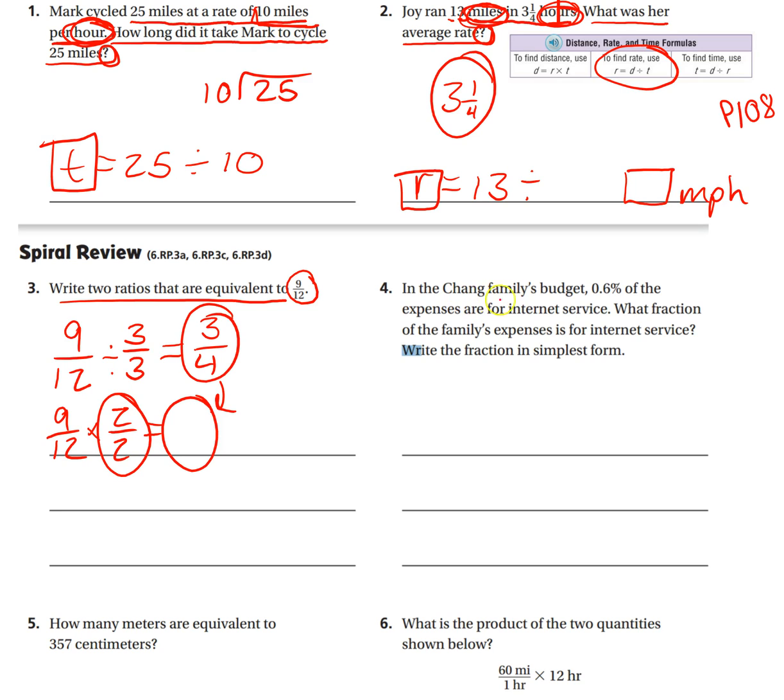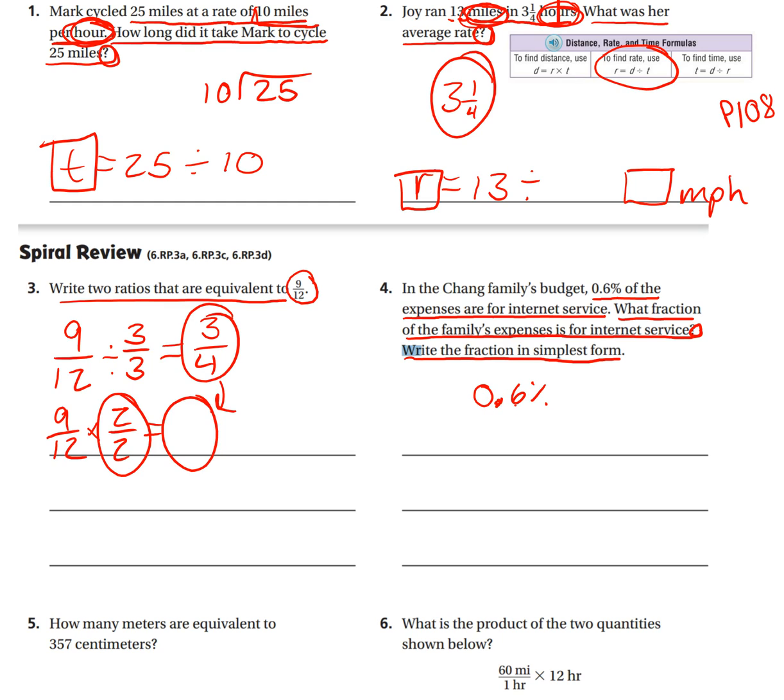Number 4, in the Chang family's budget, 0.6% of the expenses are for internet service. What fraction of the family's expenses is for internet service? And then write the fraction in simplest form. Okay, 0.6%. Well, percent means per 100.